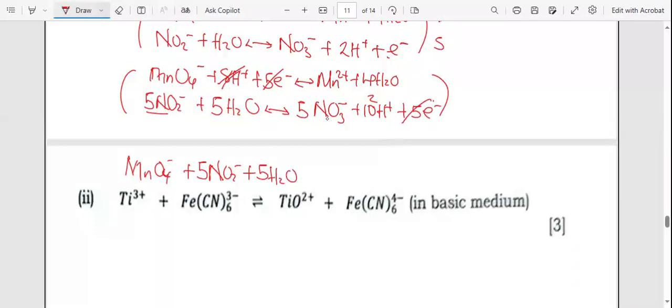Remember, this has been cancelled with this and remaining with the 2, only 2 hydrogens, okay? So it will be found common product. That's all. This also has gone.